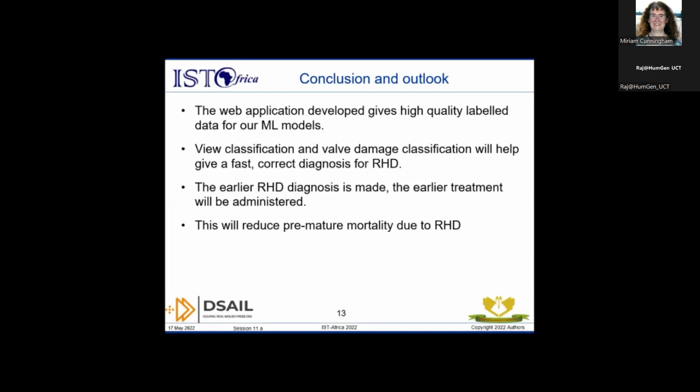These results can help health practitioners give a fast and correct diagnosis for rheumatic heart disease. The earlier this diagnosis is made, the earlier the treatment will be administered, and this will help reduce premature mortality due to rheumatic heart disease in low and middle income countries.